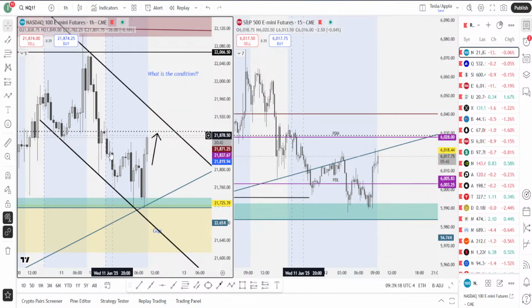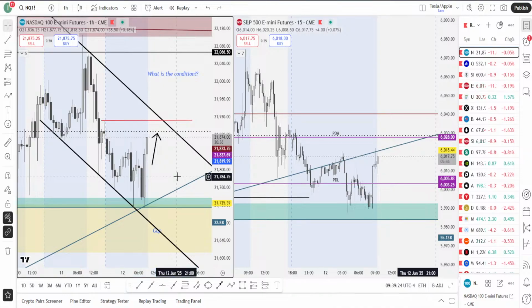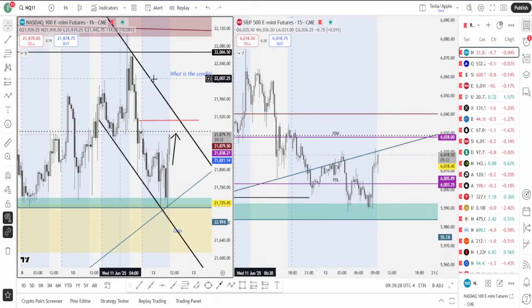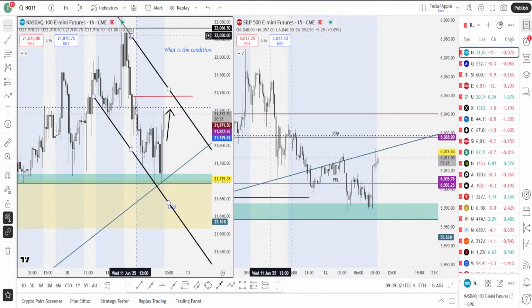Okay, that's pretty good. I think that's about everything. I want to mark this previous high here on the 1 hour. And I think that's pretty much it. The chart is pretty clear on what we're able to see here. We have a range.